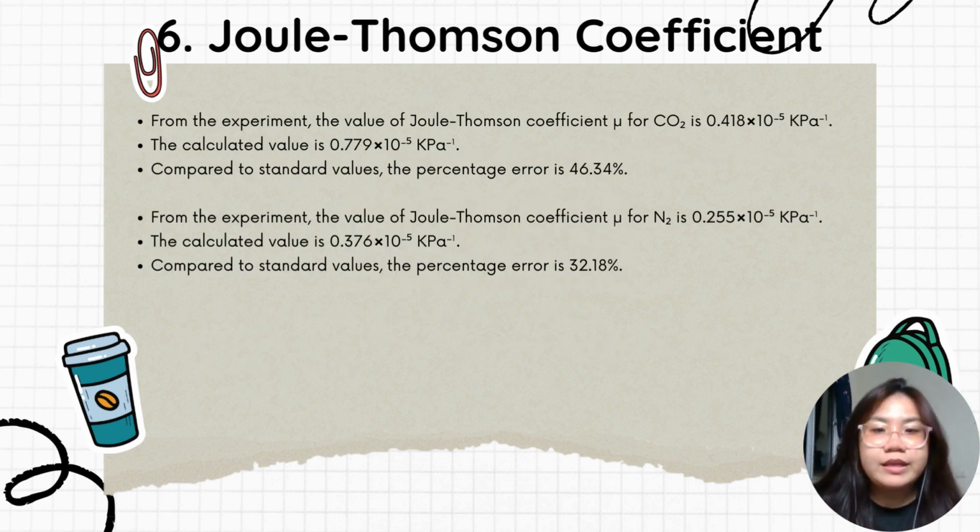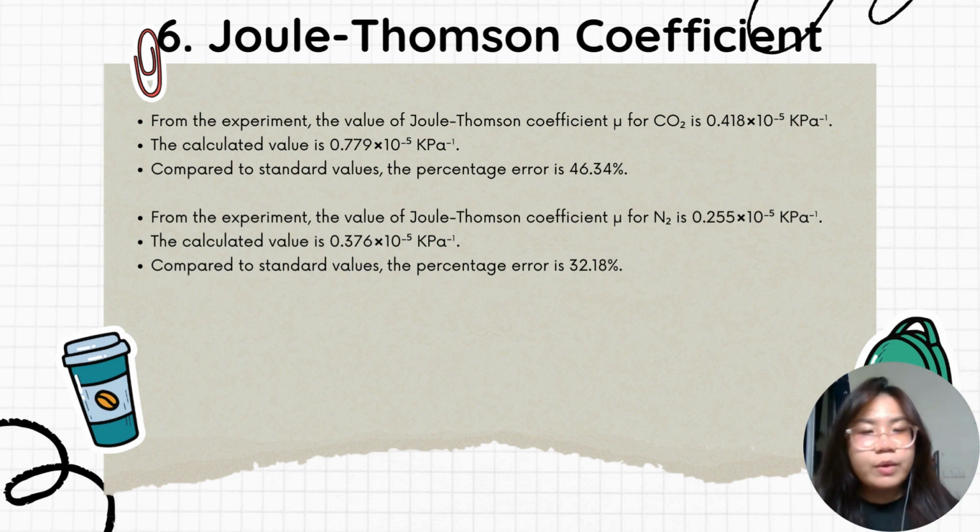From the experiment, the value of the Joule-Thomson coefficient mu for CO2 is 0.418 times 10 to the power of negative 5 Kelvin per Pascal, while the calculated value is 0.779 times 10 to the power of negative 5 Kelvin per Pascal. If we compare the standard value with the experimental value, the percentage error is 46.34%.